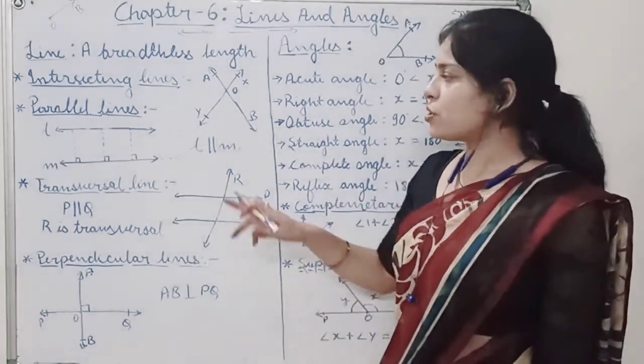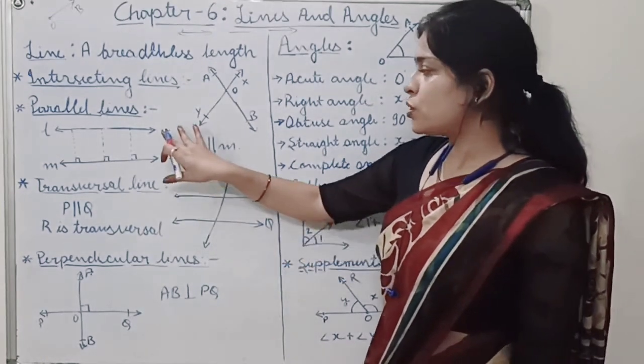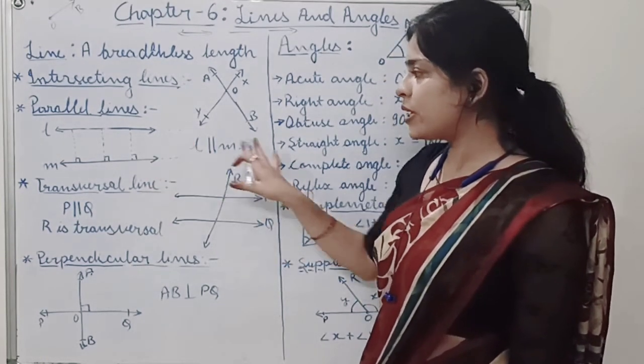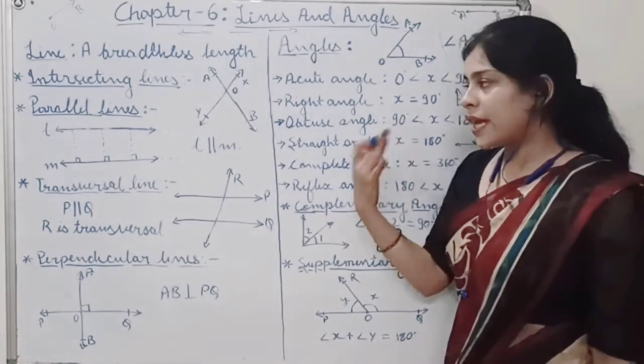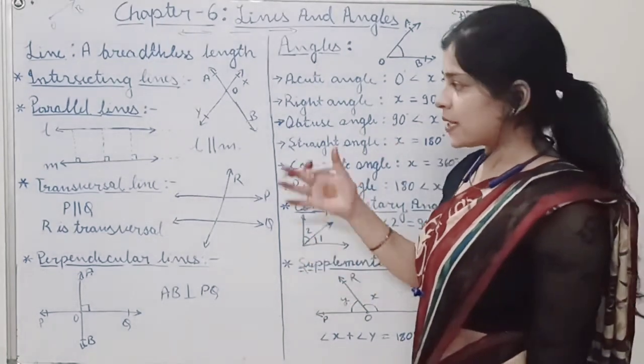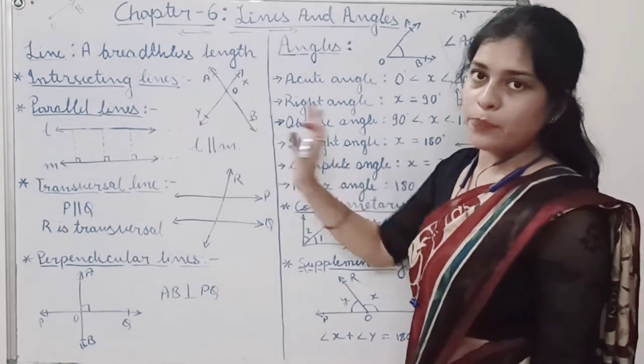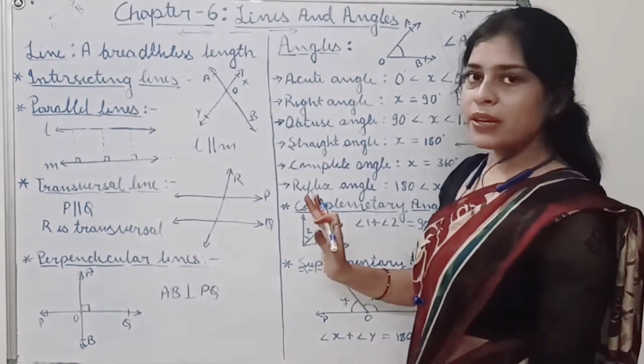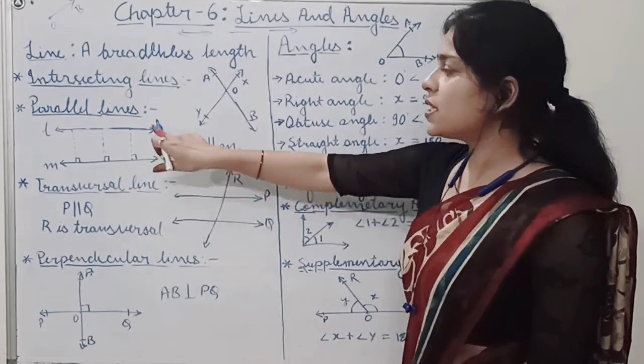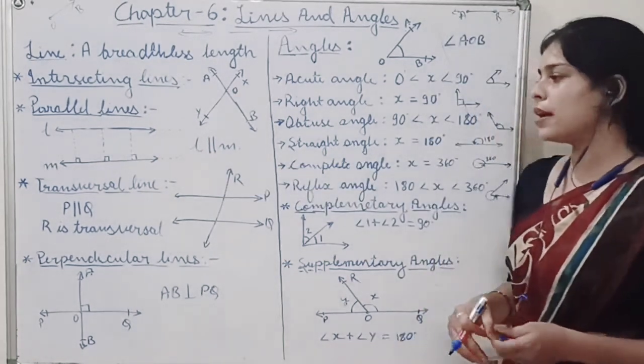Another simple definition of parallel lines: if two lines never intersect after being produced, then they are parallel lines. They never intersect each other at any point because they have equal distance throughout their length.